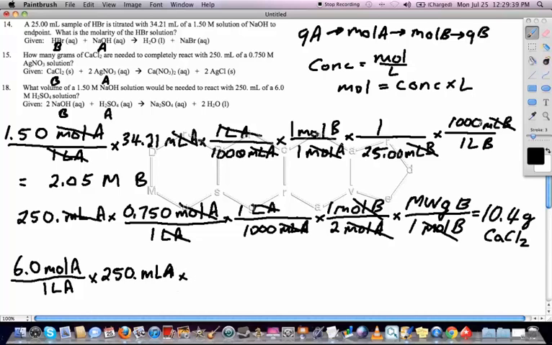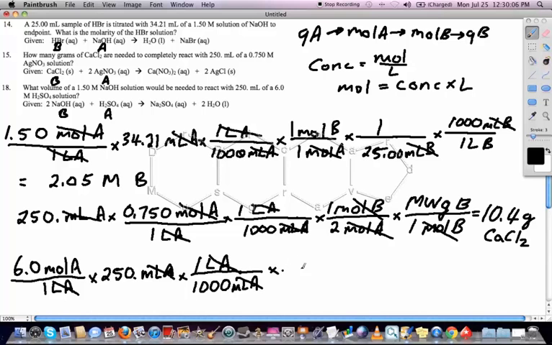Now remember, the whole point of this is to get to moles of A. At the moment I've got liters of A times milliliters of A. Remember, we're doing this because moles equals concentration times volume. I'm going to have to do a conversion here, and I'll do 1 liter of A over 1,000 mL of A. Alright, so we'll cancel all that, and we've got our moles of A.